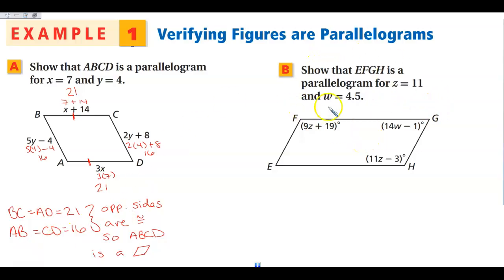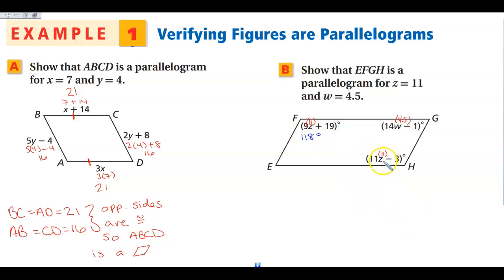Okay, for part B, I want to show that EFGH is a parallelogram when Z is 11. So I'm going to kind of put an 11 right here for Z, and 11 right here, and W is going to be 4.5. All right, so when I plug these in, I'm going to do 9 times 11 plus 19. That is going to give me 118 degrees.